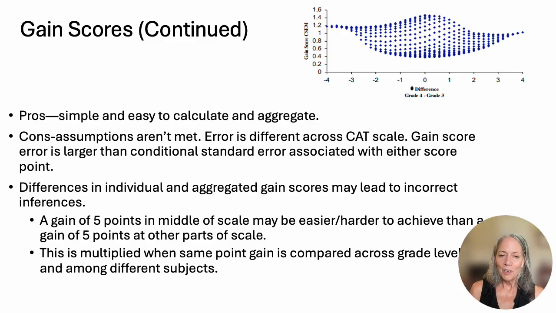So if we know that the differences in individual and aggregated gain scores may lead to incorrect inferences, and we don't put those extra layers of complicated calculations, then we are actually biasing the outcomes for our schools. So this is a really important piece to understand.